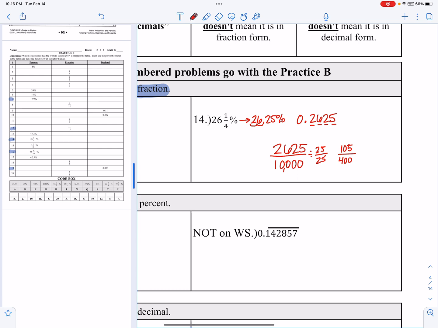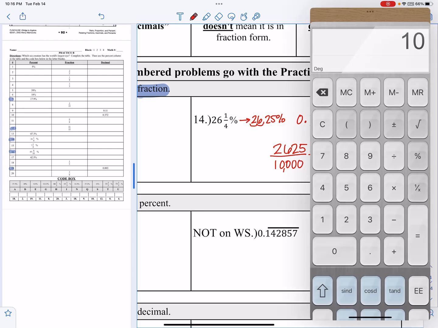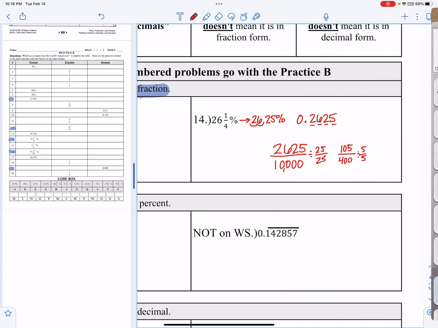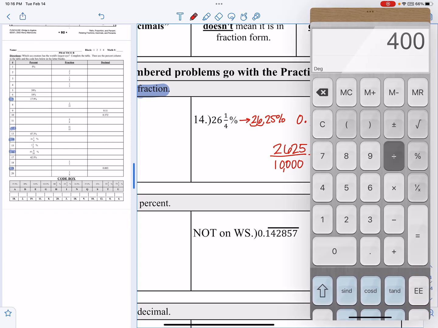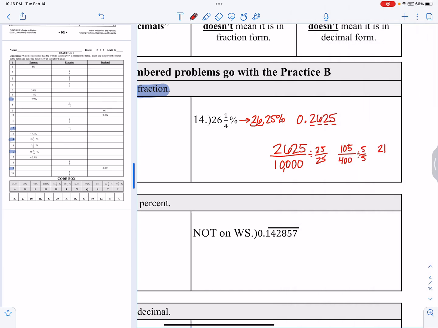I see a 5 and a 0 as my endings there, so I know that I can divide by 5 over 5. 105 divided by 5 puts me at 21, and 400 divided by 5 puts me at 80. And there we go with our simplified fraction for that one.